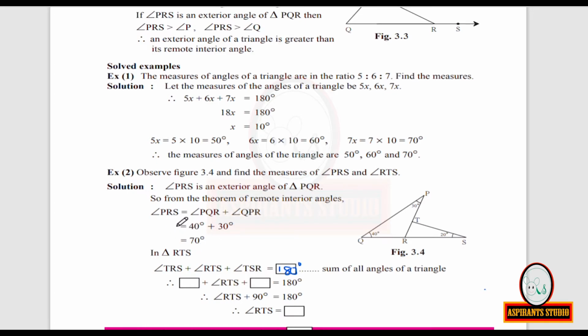The other name of this angle PRS in the figure is angle TRS. So angle TRS also will be 70 degrees. So we can substitute this value here, 70 degrees.